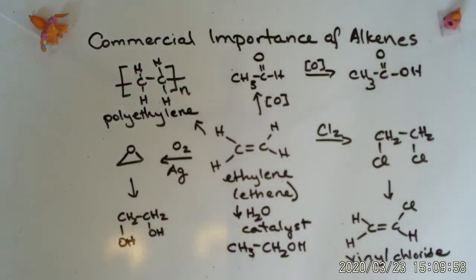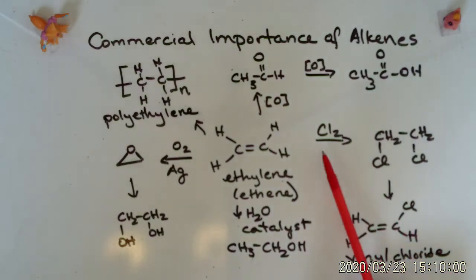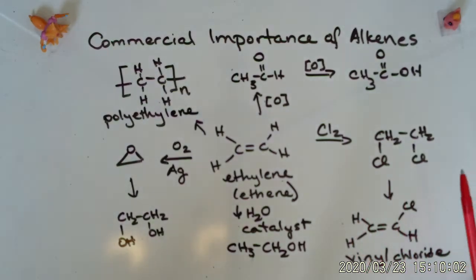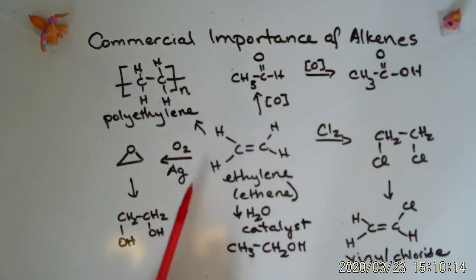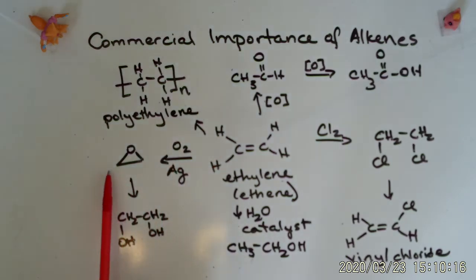You can put chlorine on it, and then from there make vinyl chloride. You can just add water across it and make your ethanol. You can also oxidize it and make epoxides, which, as you know, with the epoxide resins, we use a lot of in glue.